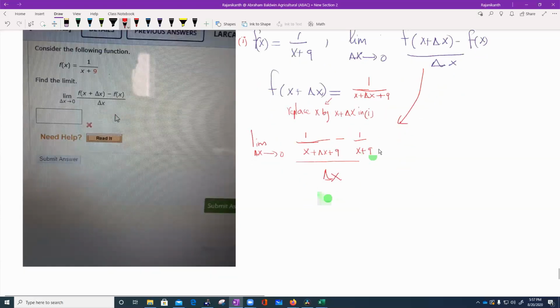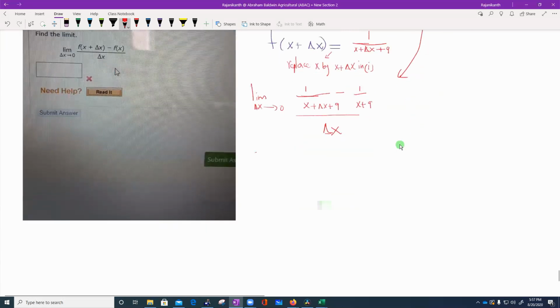Now what is your task? Your task is to simplify this and find out the answer. So we need a little bit of algebra from this point. Remember, you need to combine these two fractions. You learned how to combine two algebraic expressions, fractions. You need to find the LCM of the denominator, right? So let me write down here.